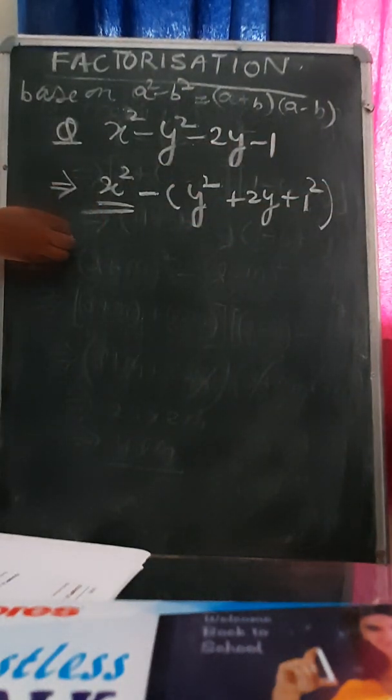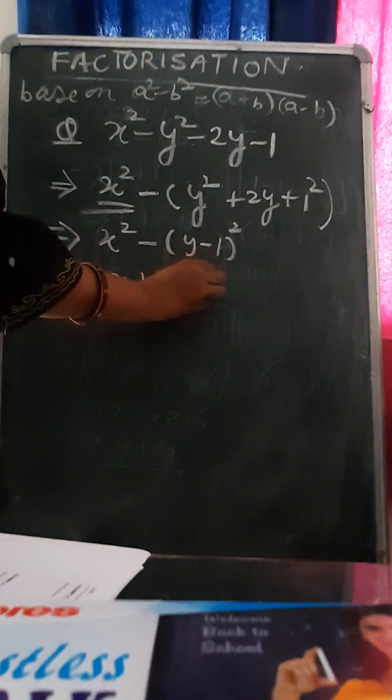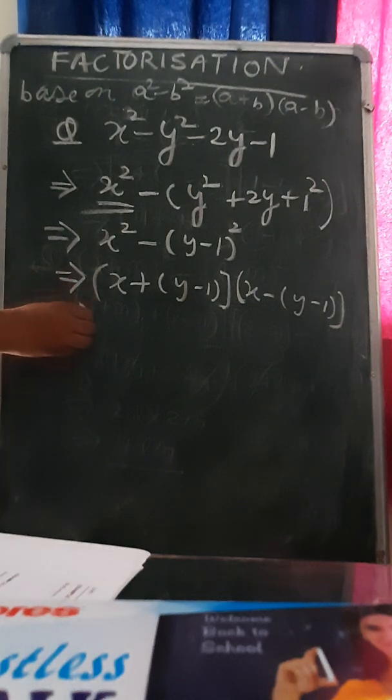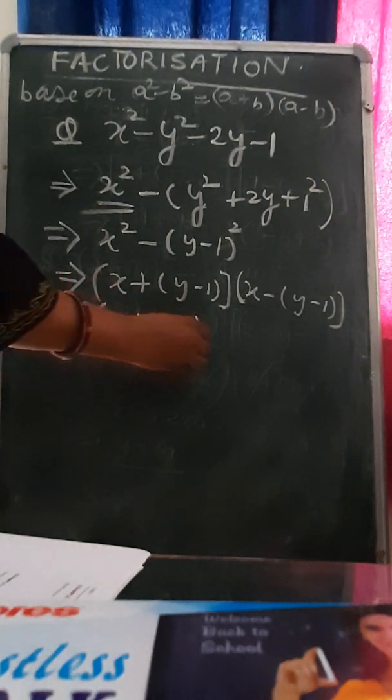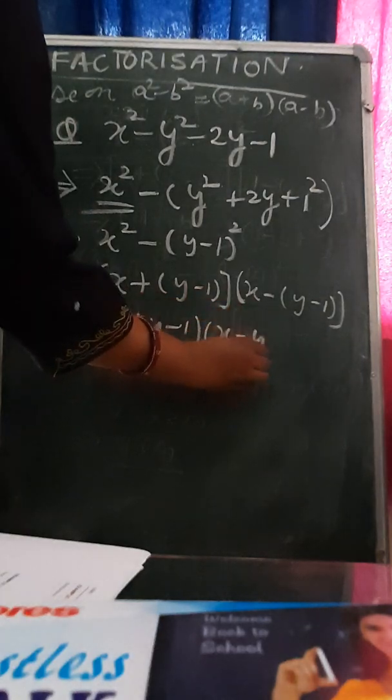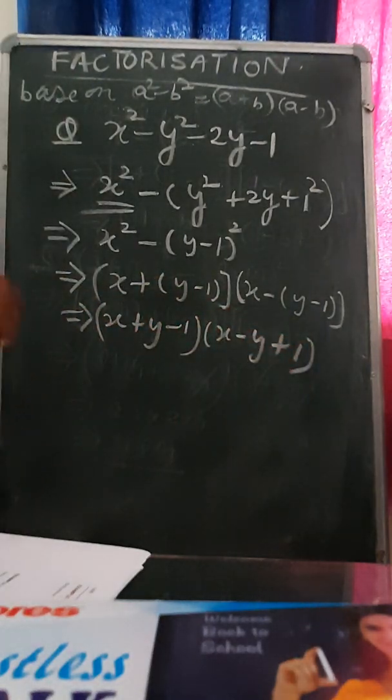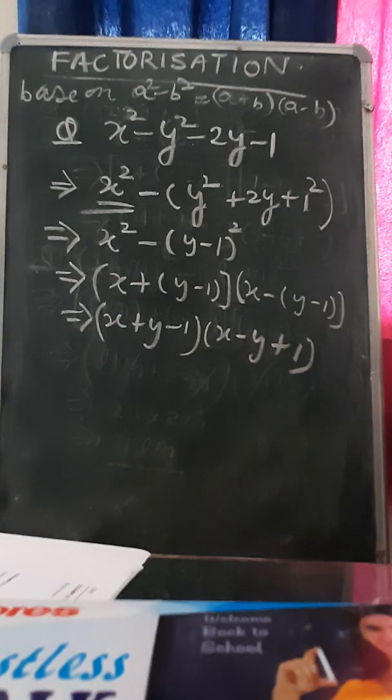So this can be written as x square minus y plus 1 whole square. So this is equal to x plus y plus 1 in one bracket and in another bracket x minus y minus 1. So this is equal to x plus y plus 1 and x minus y minus 1. Okay.